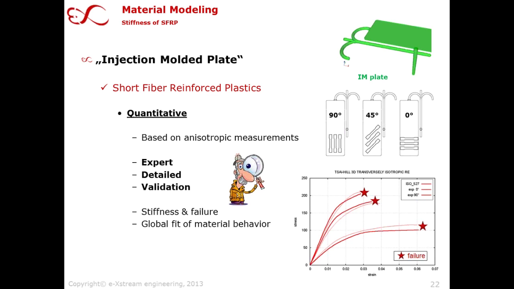So if you want to incorporate failure and get the global stiffness, this is definitely the task of quantitative modeling, and this requires expert work because you have to look into detail in the microstructure, validate properly, and so on and so forth. So of course there is an effort that you put into it, but the resulting material models are of the highest possible quality and are really state-of-the-art what you can do in terms of modeling of short fiber reinforced plastics.